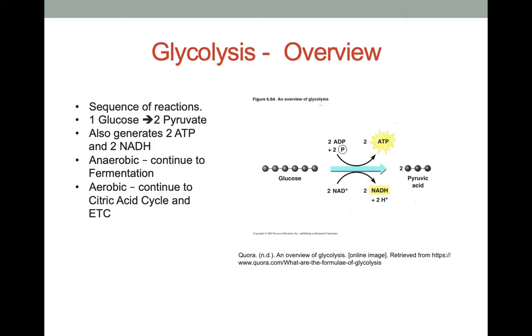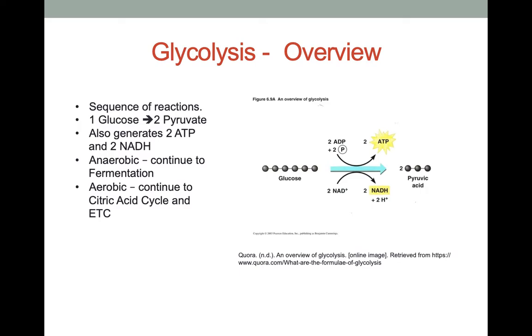In an anaerobic environment, the pyruvate molecules produced here would then continue into fermentation. That could either be lactic acid fermentation or alcoholic fermentation, depending on what substances we are working with there.